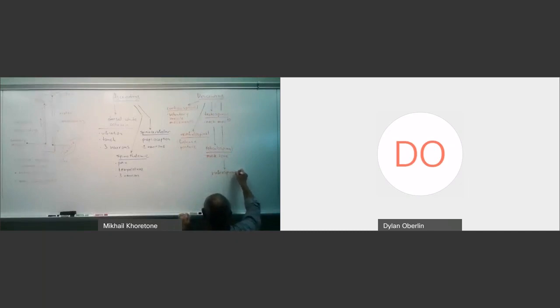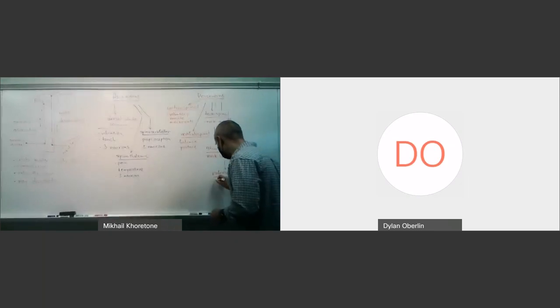That is maybe the least important pathway in us, in humans. Also some muscle tone. So here you have 5 descending pathways.